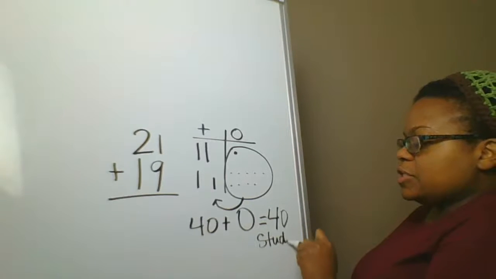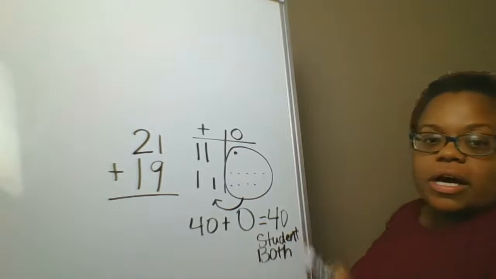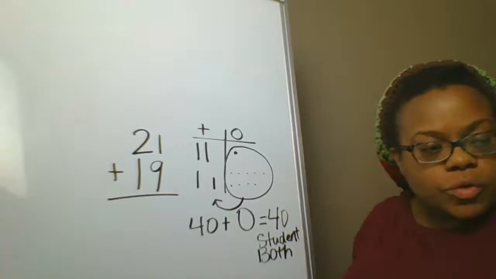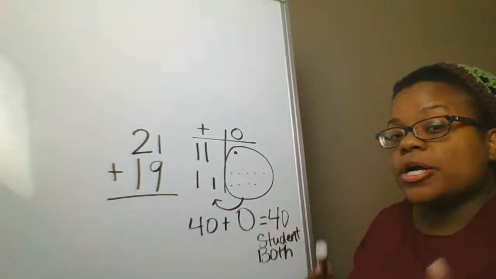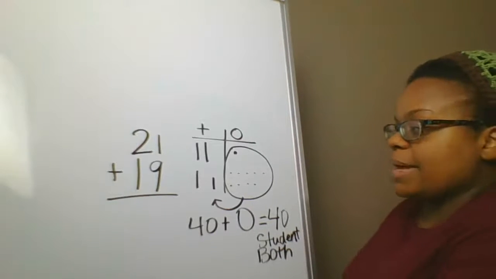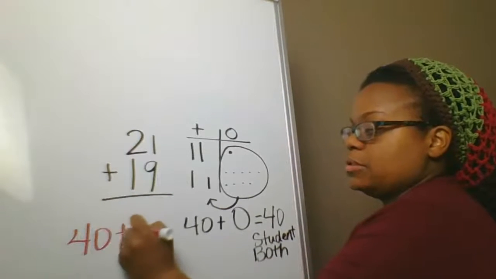And it's not just 40 students, but this is for both of the classes. So the question goes on to say that there are 34 computers. So if I look at my numbers, I have 40 total students.